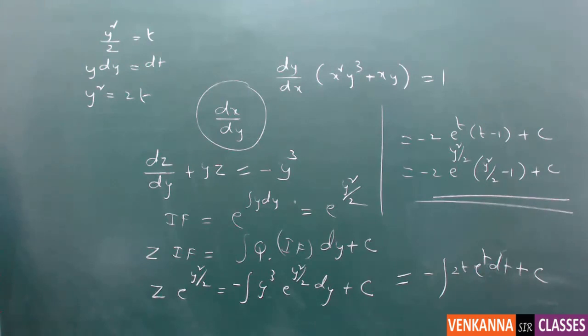Now what happens whenever the equation contains second order, or sometimes on the right hand side a different function, by simply putting that value as z, that will be converted into linear form and you are going to solve with the usual procedure. So let us take one small example which gives you an idea.